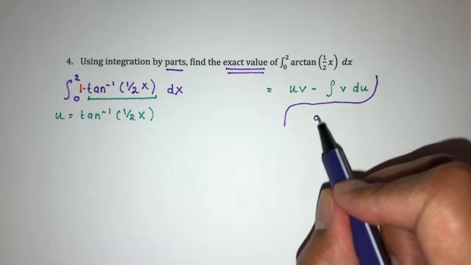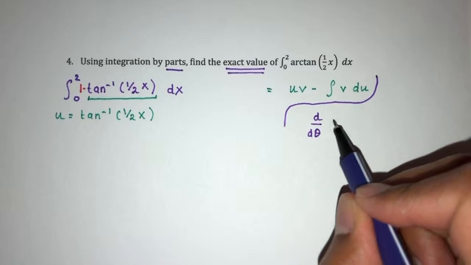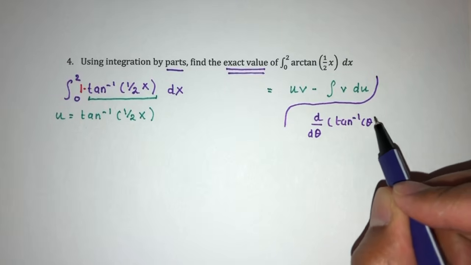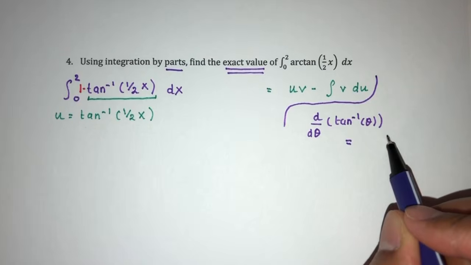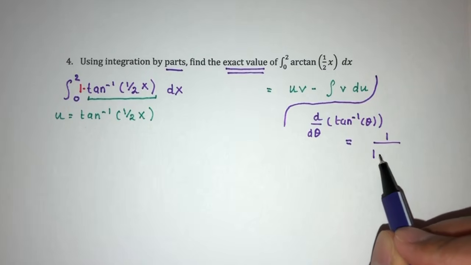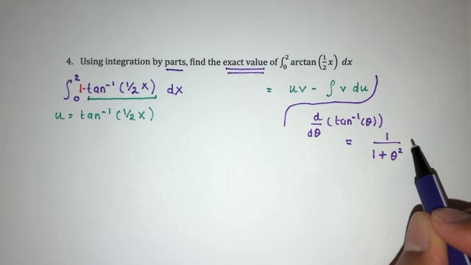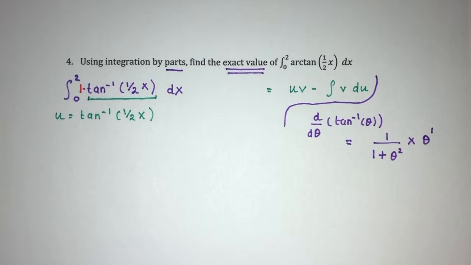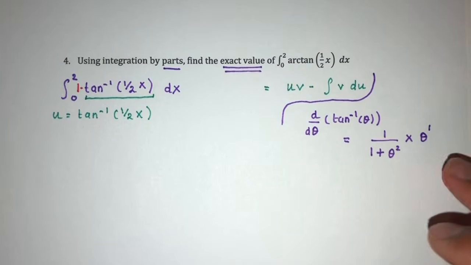So let's say we have to differentiate d by d theta of tan inverse of theta. This will give you 1 over 1 plus theta squared, multiplied by theta prime, the differentiation of the value inside. So that's what you will usually get. But let's check if that is actually true.